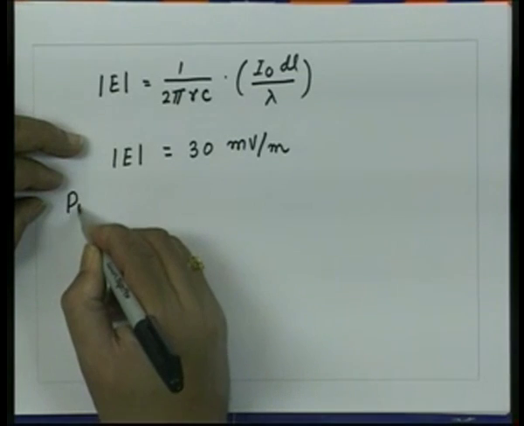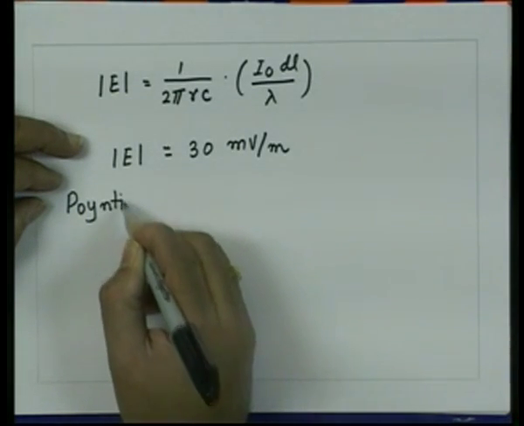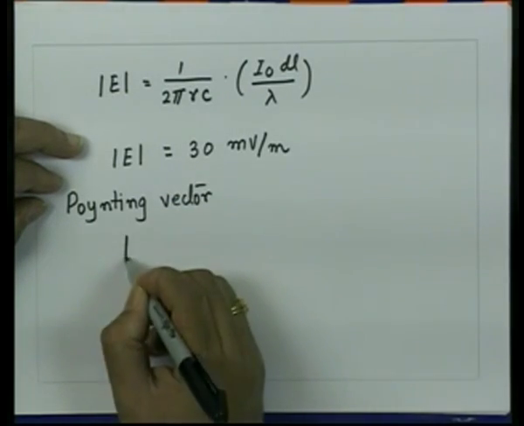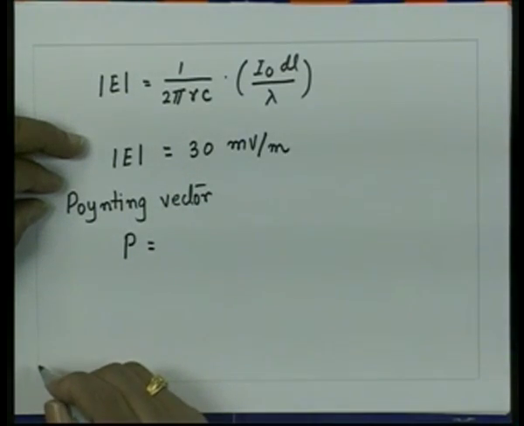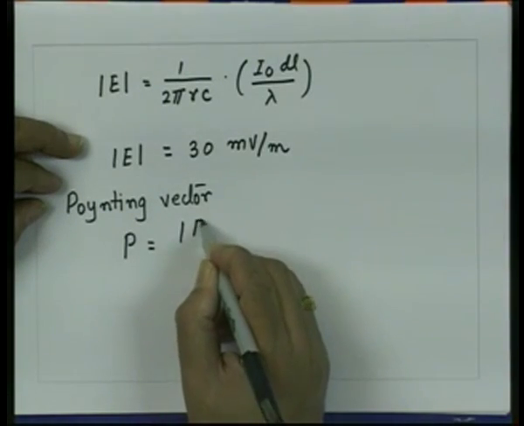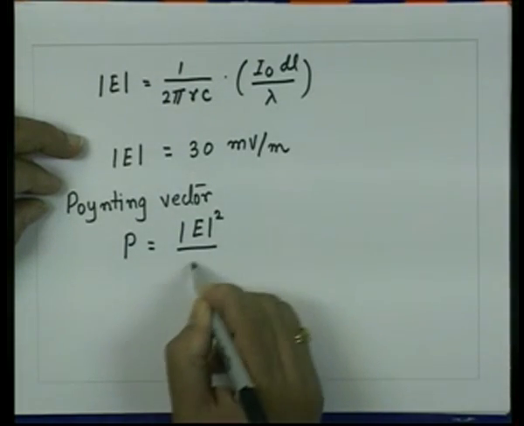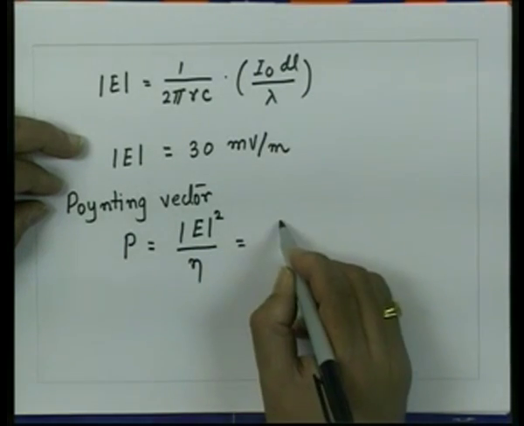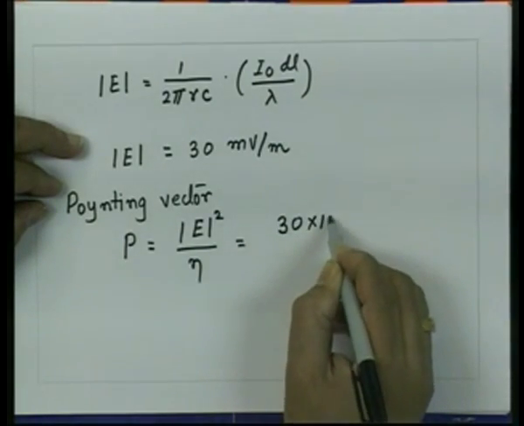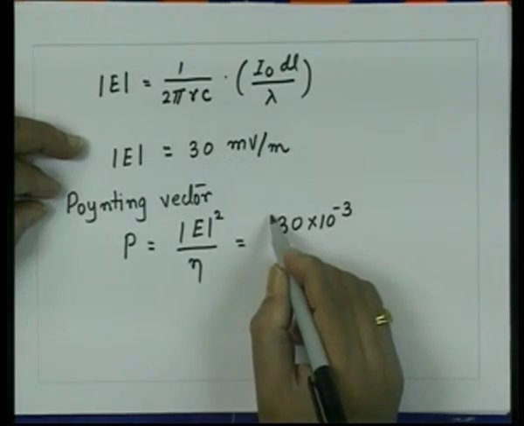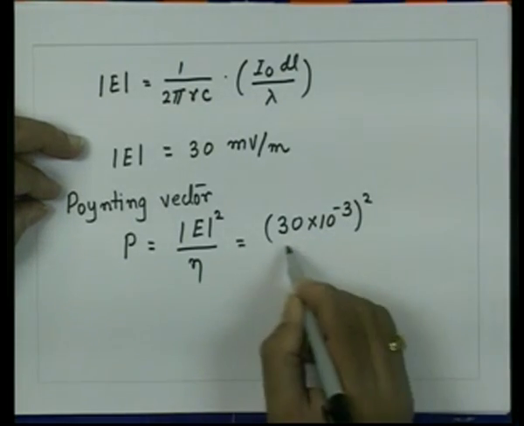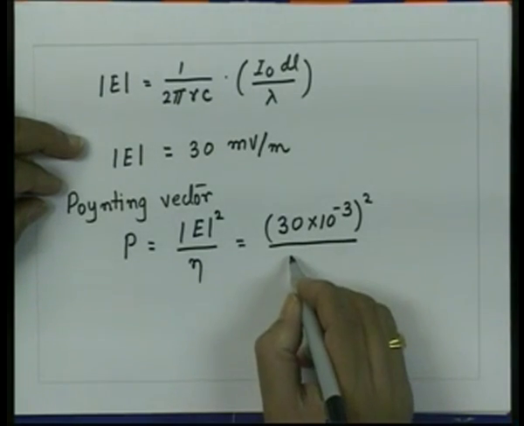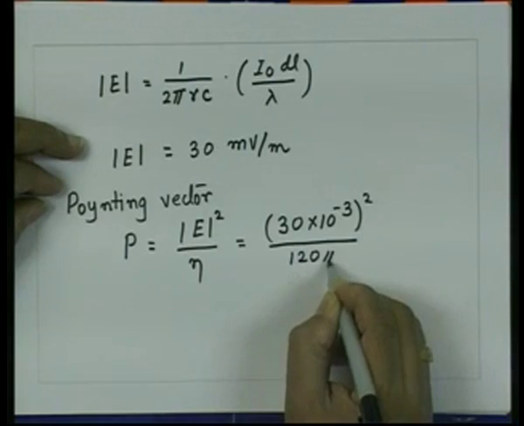So, we know that Poynting vector P, the magnitude of that is equal to mod E square upon eta. So, that is equal to 30 into 10 to the power minus 3 volts square upon eta, which is 120 pi.